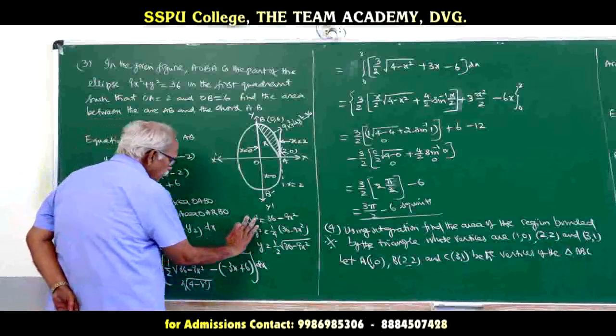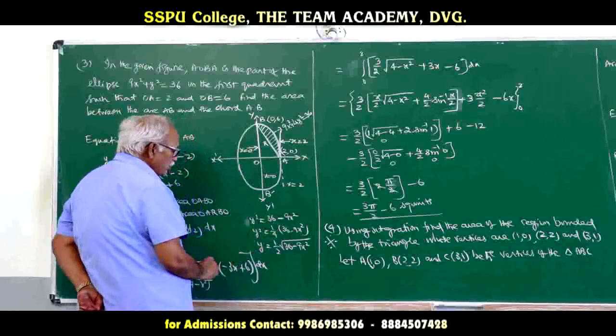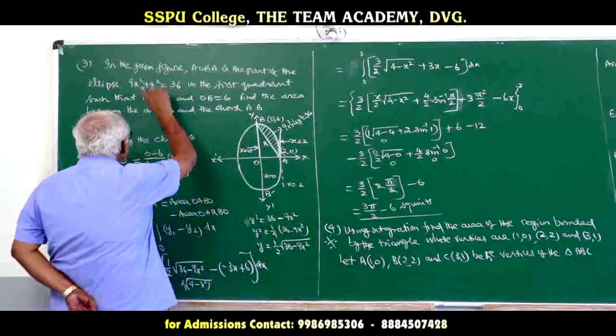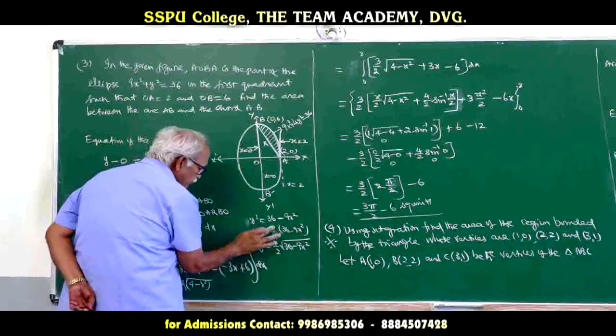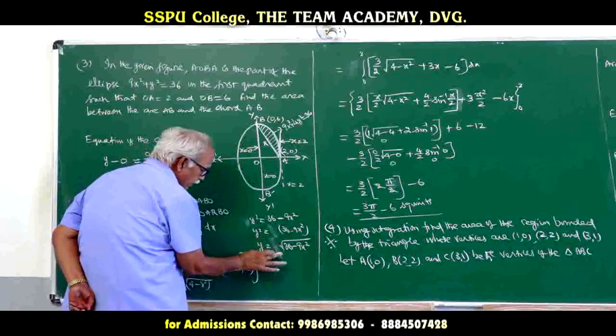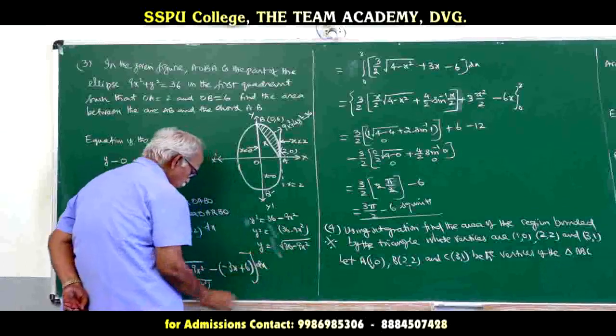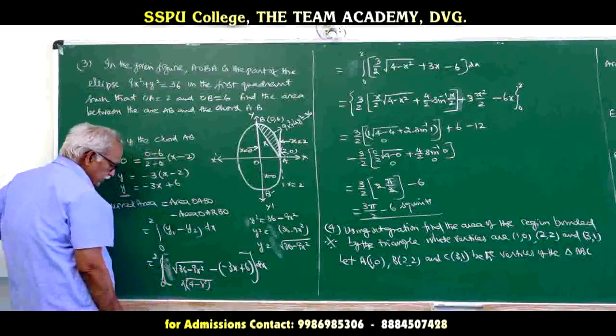Now, this is y square is equal to 36 minus 9x square. You can see 9x square plus y square is equal to 36. So, we get y square is equal to 36 minus 9x square, y is equal to square root of 36 minus 9x square.